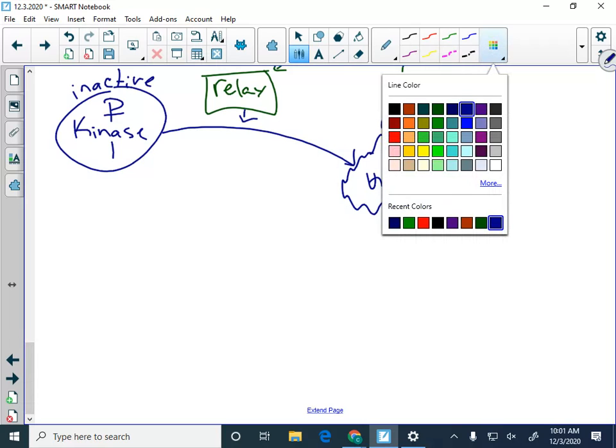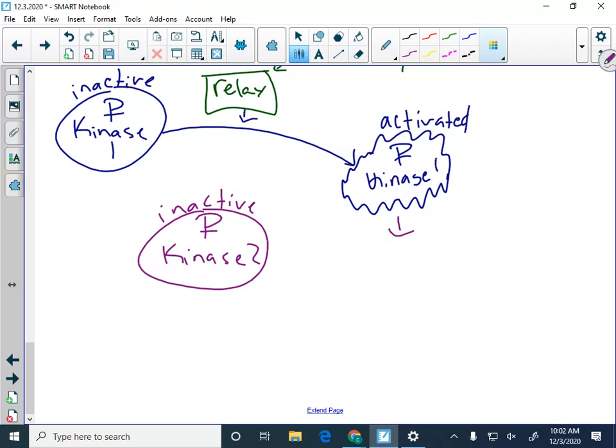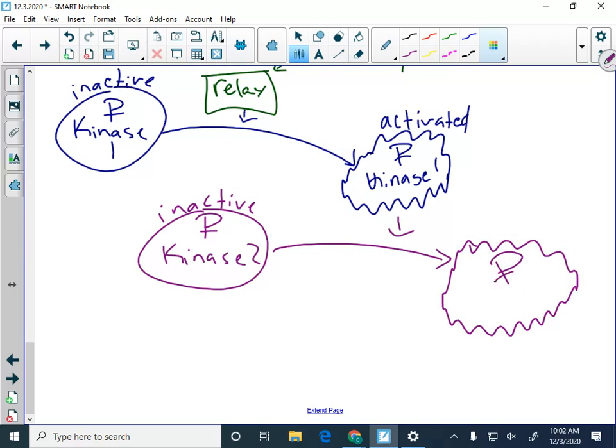So then protein kinase 1, we've got a protein kinase 2, inactive. But protein kinase 1 is a protein kinase, so it will activate protein kinase 2. Because what do protein kinases do?